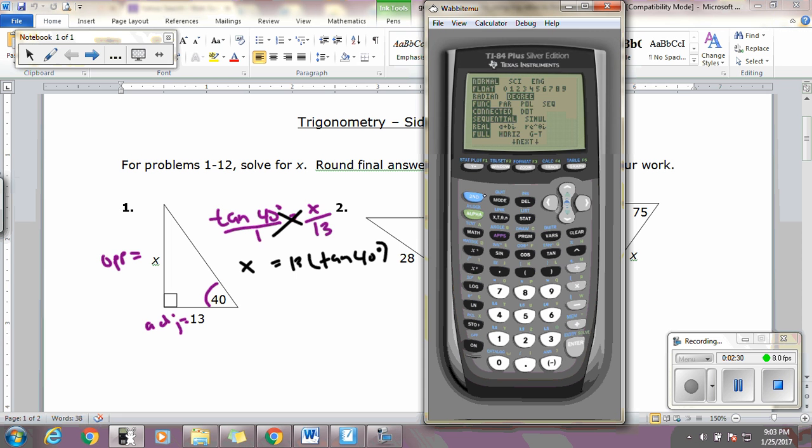Or it should say DEG at the top of the screen on any other calculator. So I'm going to type 13 times, and I can use parentheses or I can use the multiplication sign, tangent of 40 degrees. And it says round to the nearest tenths, so this would be about 10.9.